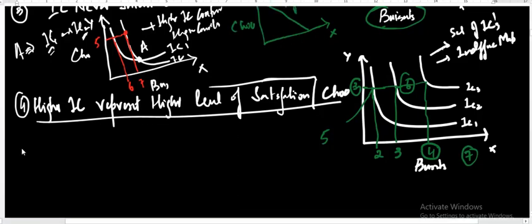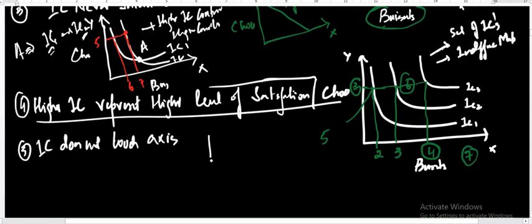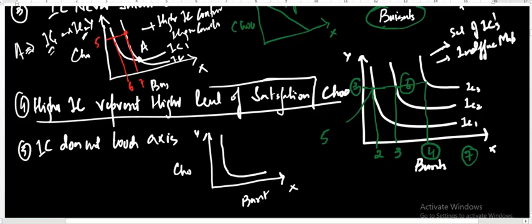Now the last point, that is, an indifference curve does not touch the axes. This is very easy to remember and to understand. We have chocolates and we have this y over here. Now suppose this indifference curve starts from here.